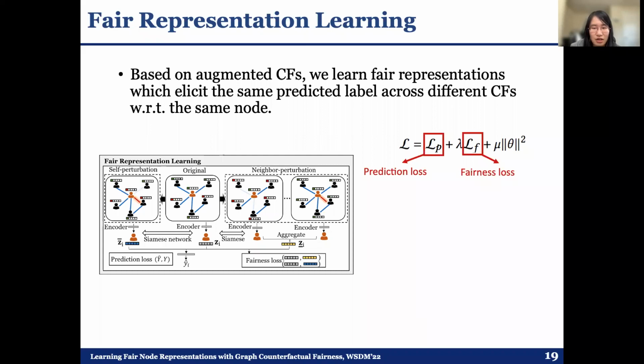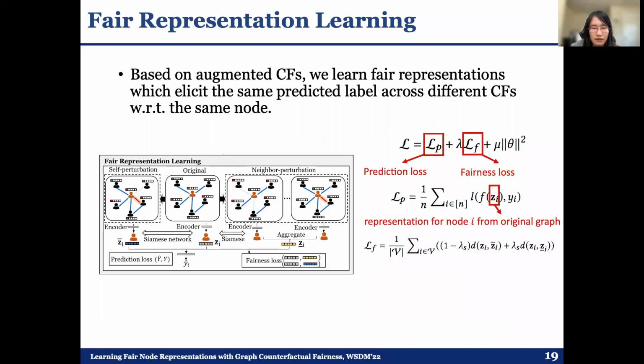And to learn fair representations, we first use a Siamese network to obtain those representations from the original graph and its different counterfactuals. These counterfactuals include both self-perturbation and neighbor perturbations. And the fairness loss enforces the learned representations from the original graph and the counterfactuals to be the same.